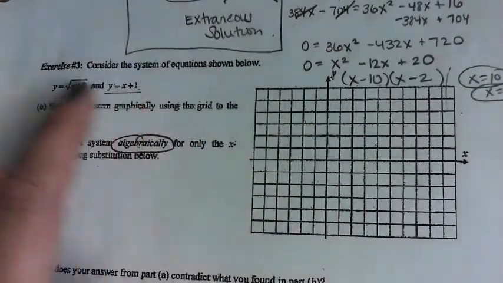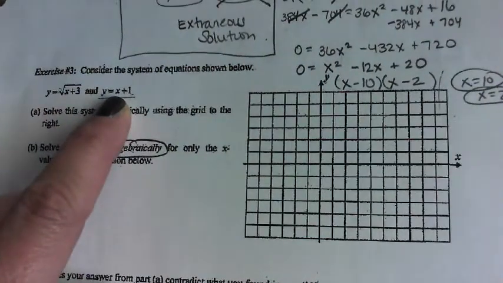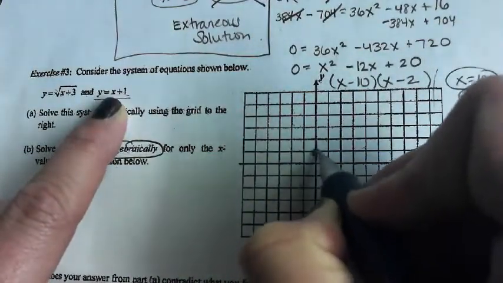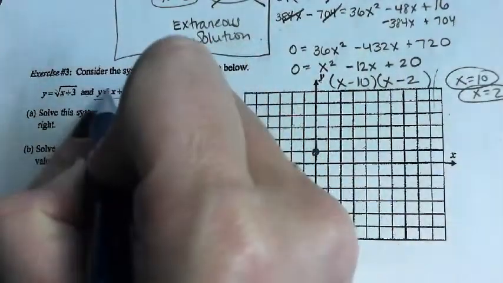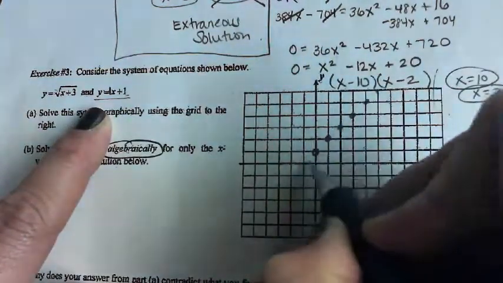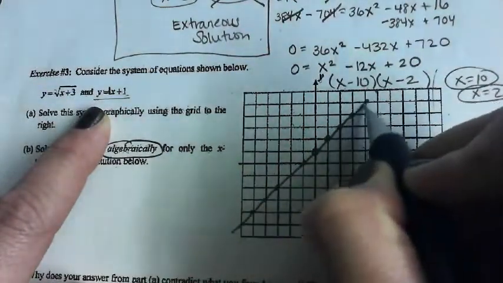Now, obviously, you could cheat and just type it into your calculator, but we should also be able to do this by hand. So, a y-intercept of 1 and a slope of 1 gives us a line that looks like this.